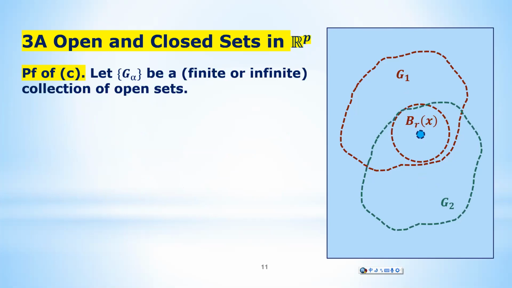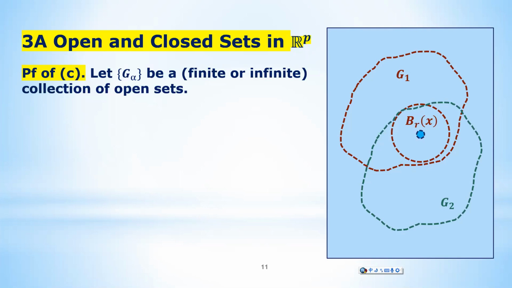Okay, union. Now for the union, you can have an infinite union or a finite union. It doesn't matter. It's not going to change anything. So here I'm using G alpha to be the family of open sets. Now I'm not using G_n for a reason. Maybe we can talk about it later.